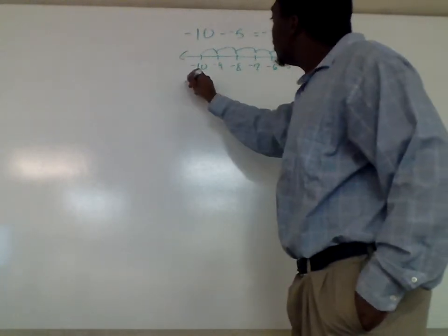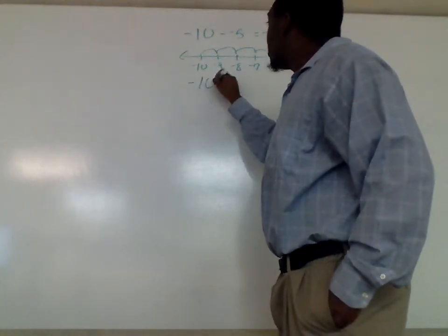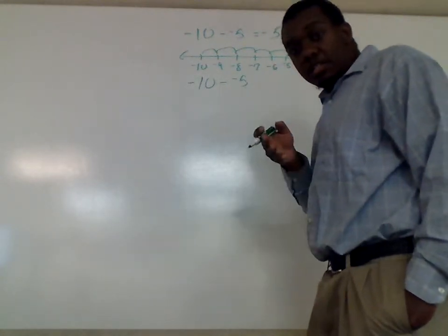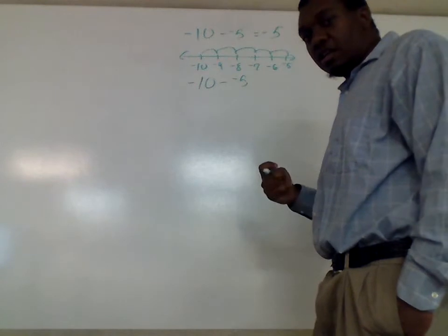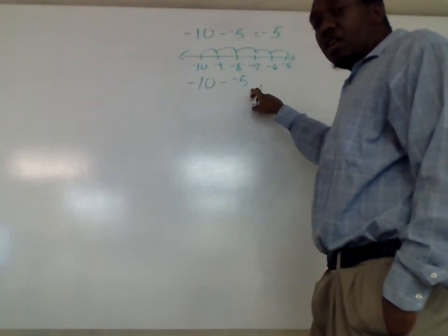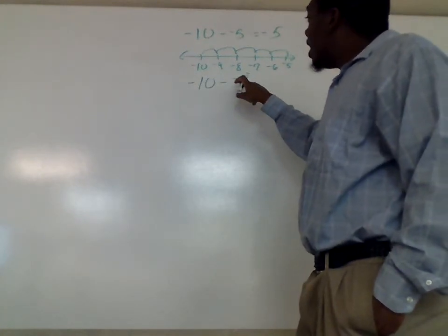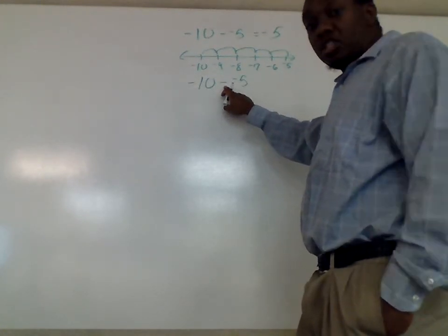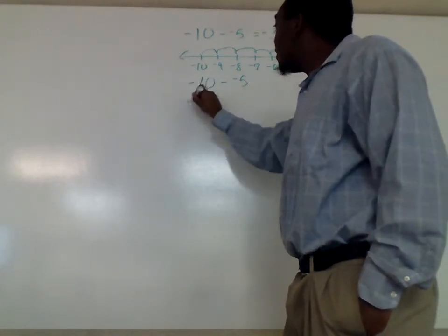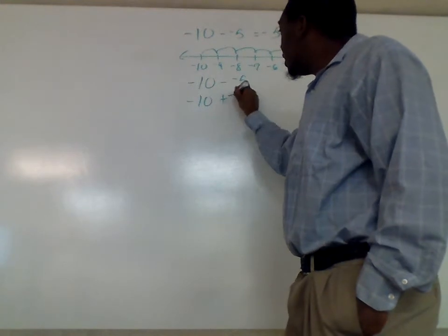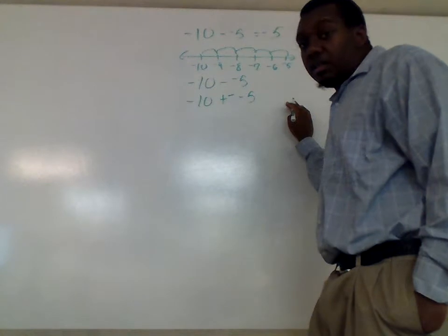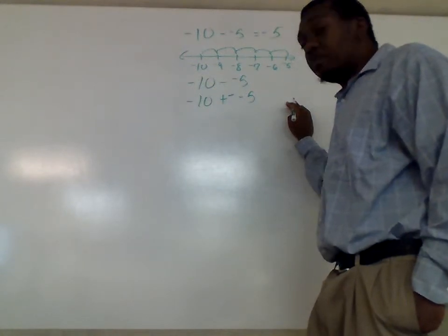All right. Well, another way to think about this, and this is the way that it's generally traditionally taught, is subtraction, once again, is still negative addition. Well, how about we just write that? So negative 10 minus negative 5, instead of leaving it as a minus, let's change it to negative addition. So that means we have negative 10 plus negative 5. Well, I don't know if you heard the saying that two negatives make a positive.